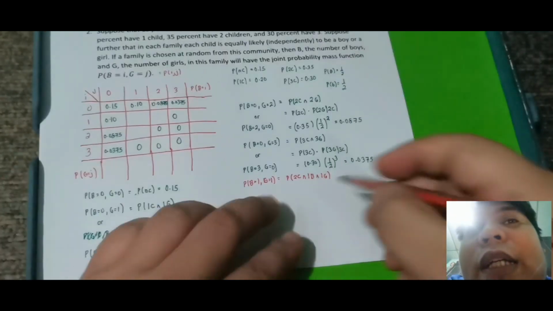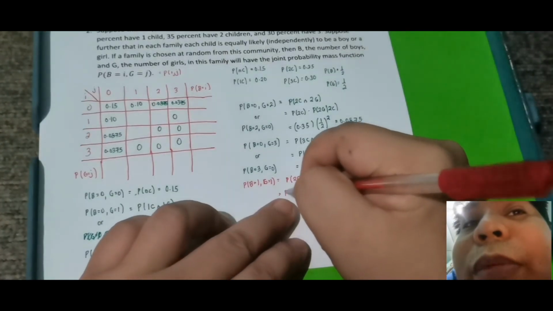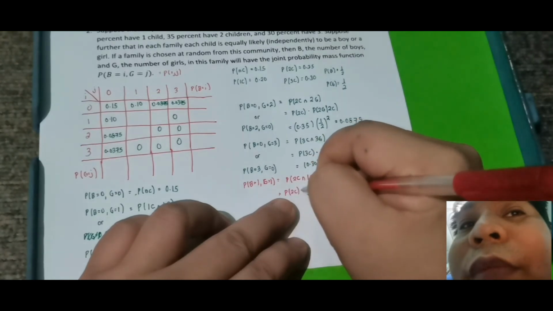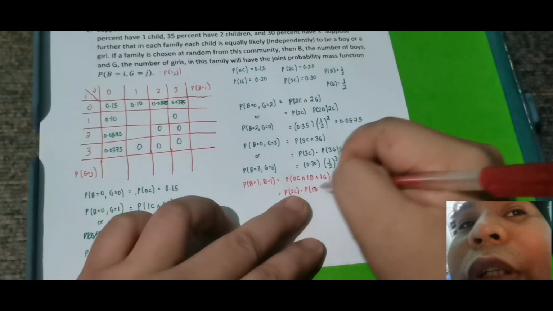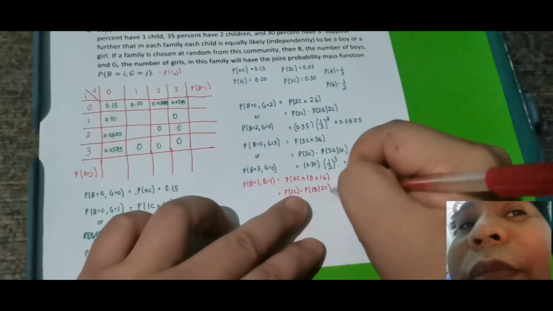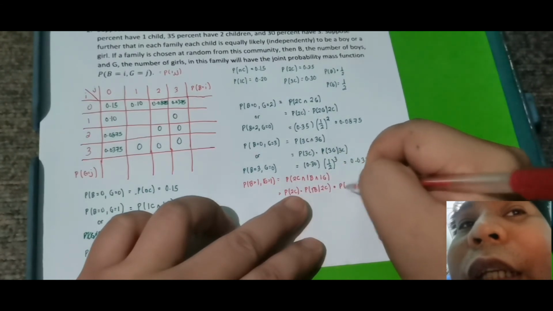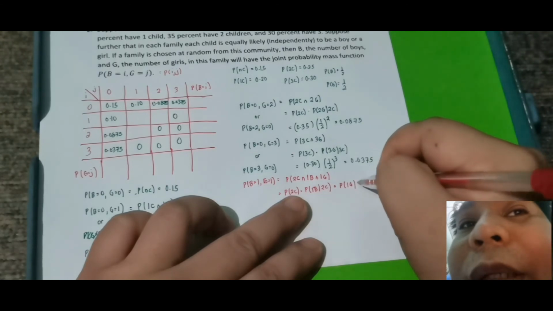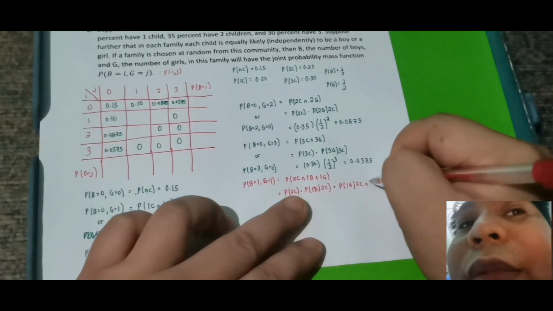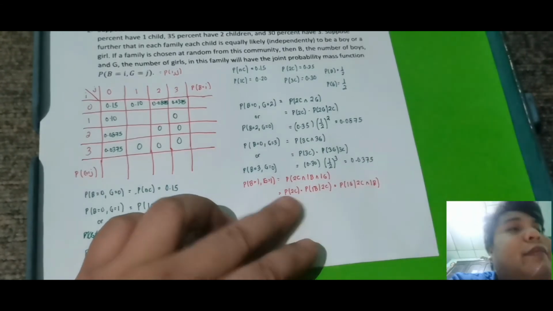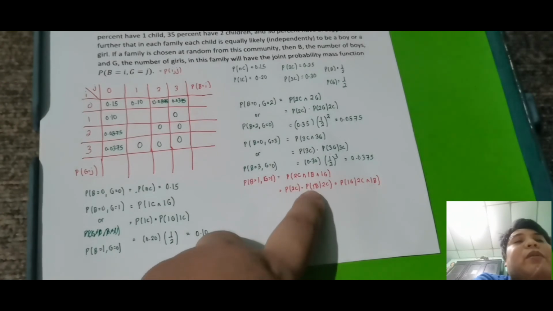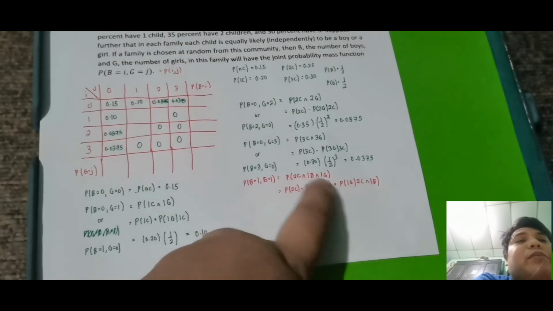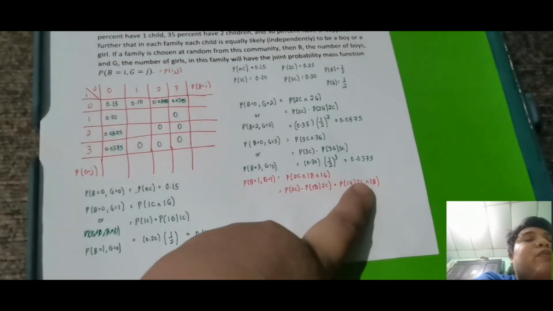So when we write that, this is just equal to the probability of 2 children multiplied by the probability that there is 1 boy, so 1 boy given that there are 2 children, times the probability of 1 girl given that there are 2 children and 1 boy. Okay, so that's what happened here.